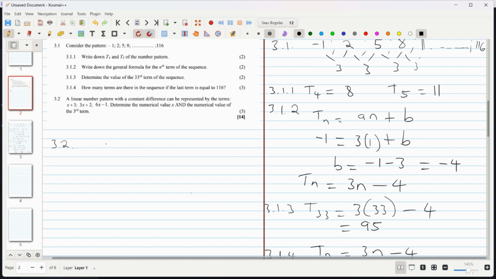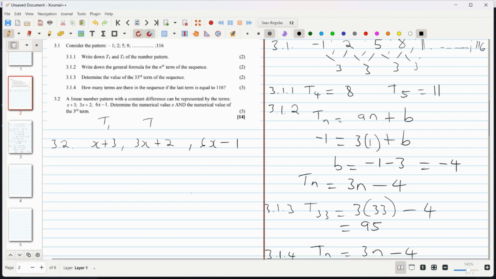So we can simply write it down: x plus 3, 3x plus 2, and then 6x minus 3. This is term 1, term 2, term 3.